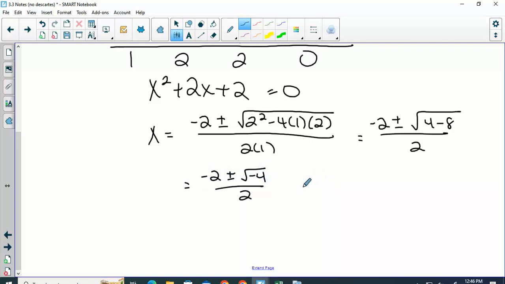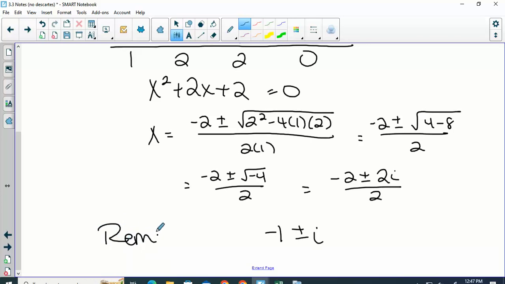What's the square root of negative 4? So if we divide by 2, we get negative 1 plus and minus i. So my remaining zeros are negative 1 plus and minus i.